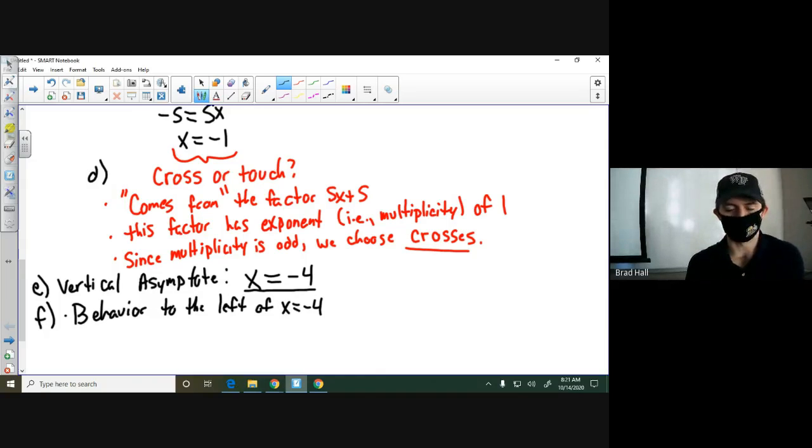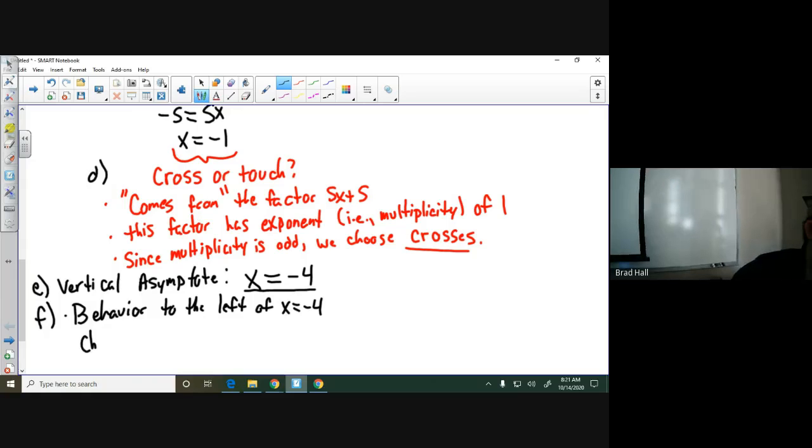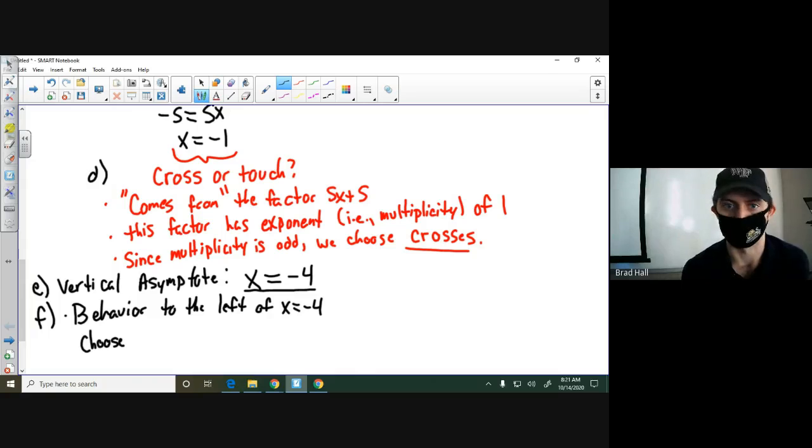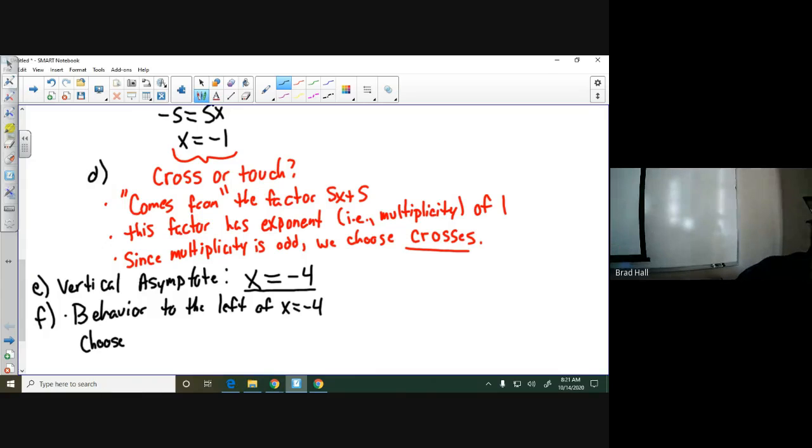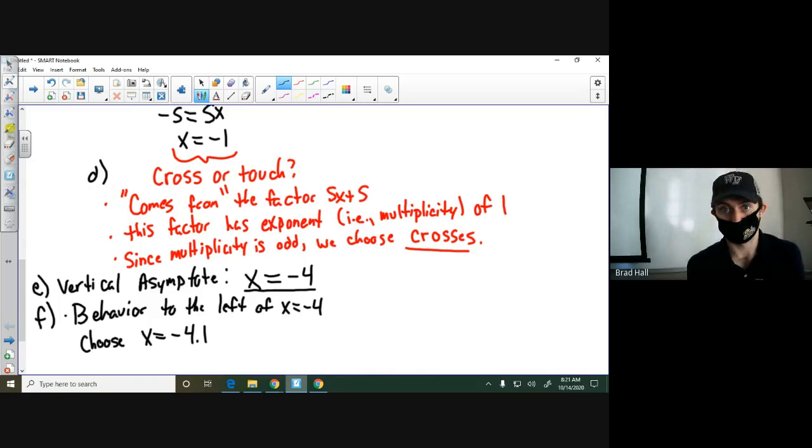The way I like to think about this is I pick a number that's to the left of x is equal to -4, that is kind of close to -4, and go from there. If we choose x is equal to -4.1, that is to the left of -4.